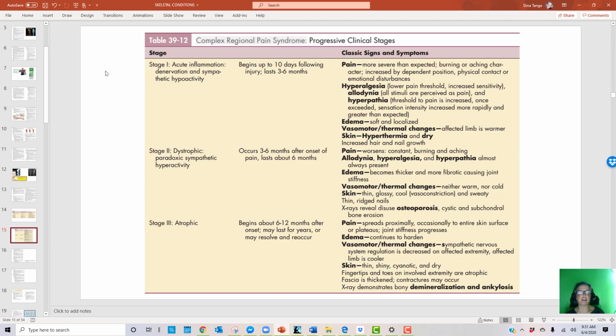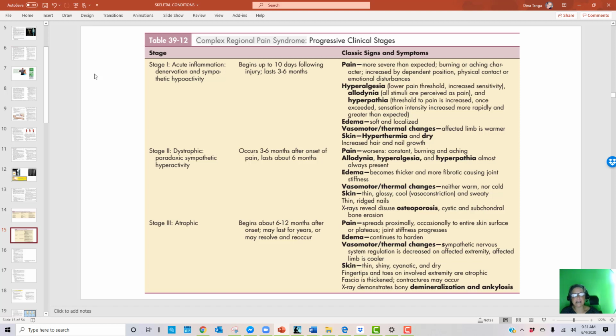Stage 1, acute inflammation, denervation, and sympathetic hypoactivity. Begins up to 10 days following injury and can last 3 to 6 months.